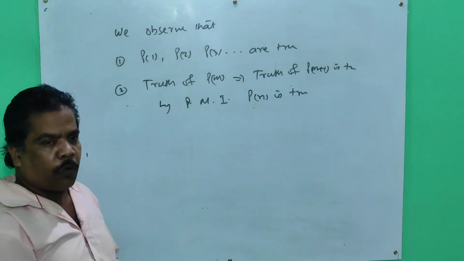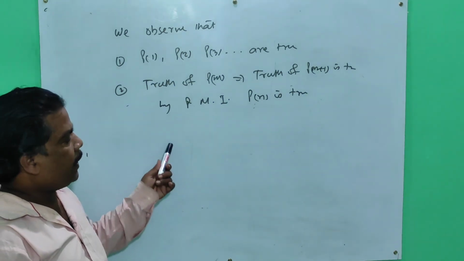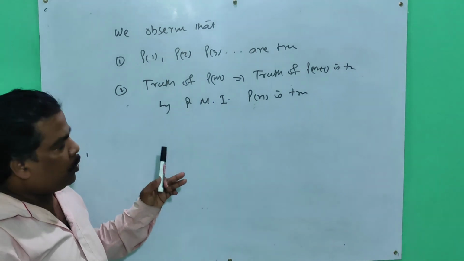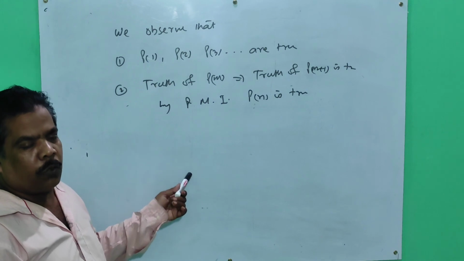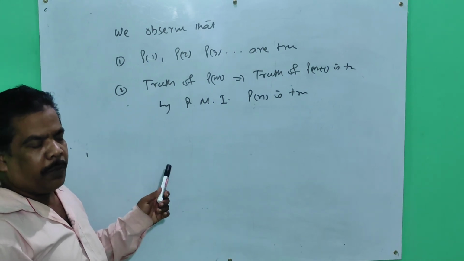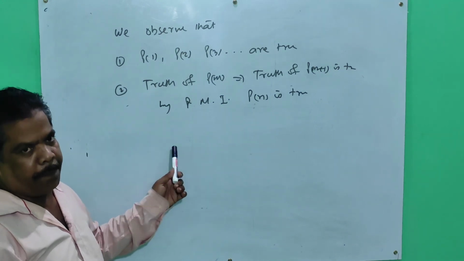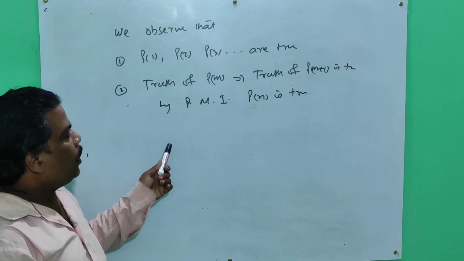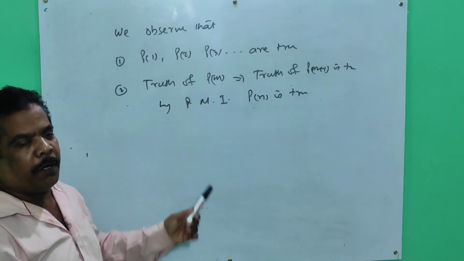So when we prove a question by the method of induction, first we take Pn as the sequence of statements. Next we verify the statement is true for n is equal to 1, n is equal to 2, like this. Then we take the assumption step, that the statement is true for n is equal to m. Next, we have to show that P(m+1) is true whenever Pm is true.